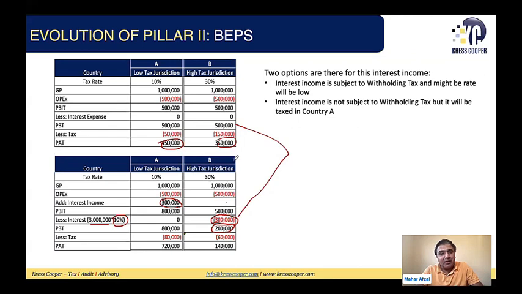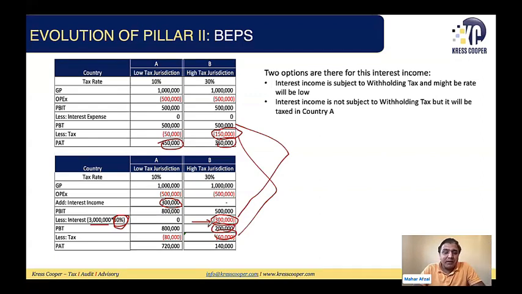Initially the company was paying a tax of 150,000, and now the company is paying tax of only 60,000. So the differential is the reduction in tax. Now, if this 10% rate were on an arm's length basis, this interest would for sure have been charged, and the taxable profit would have been a bit higher.